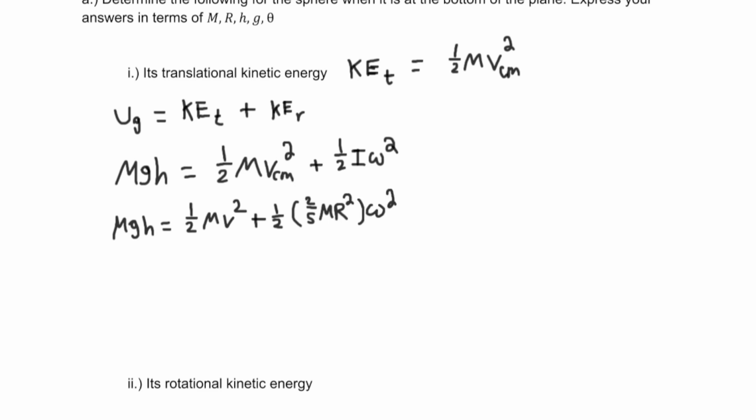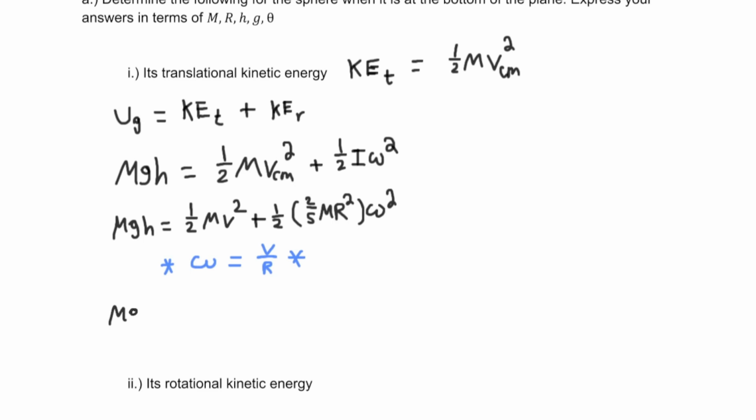And now we have two unknowns. We have V and we have omega, so we have to eliminate one. And to do that, we're going to apply the no slip condition. So since it's not slipping, we know that omega is going to be equal to V over R, or V equals R omega. Doesn't matter which one we use. Again, we're given the fact that it's not slipping, so we're allowed to do this substitution.